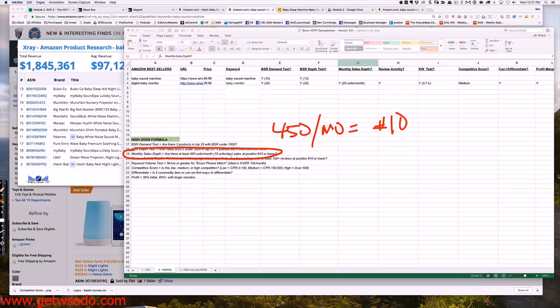I want my product to sell great, even with a number 10 ranking in Amazon. And this is what this test is all about. Monthly sales depth, meaning does a product sell well even when it's low in the rankings? So again, to pass this test, I want to see that I can sell at least 15 units a day. That's 450 units a month at position number 10 or worse.